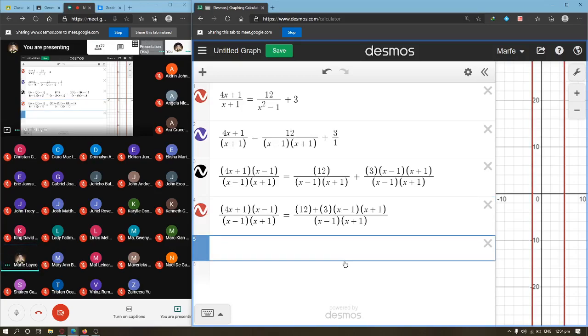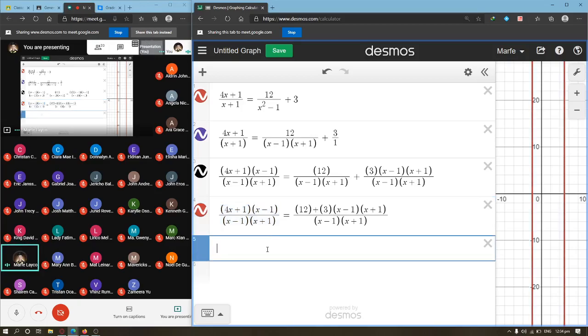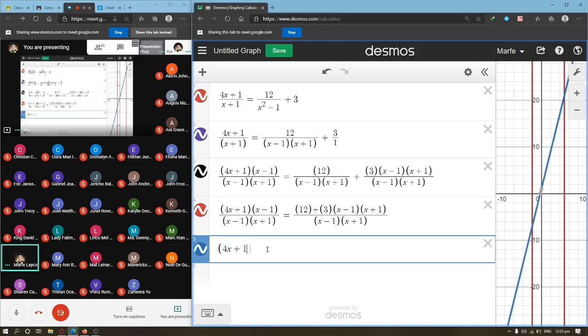So, next, anong gagawin? Since ito yung numerator natin, yan yung kukunin natin. 4x plus 1 tapos x minus 1, okay, is equal to, ano yung nandito? 12.